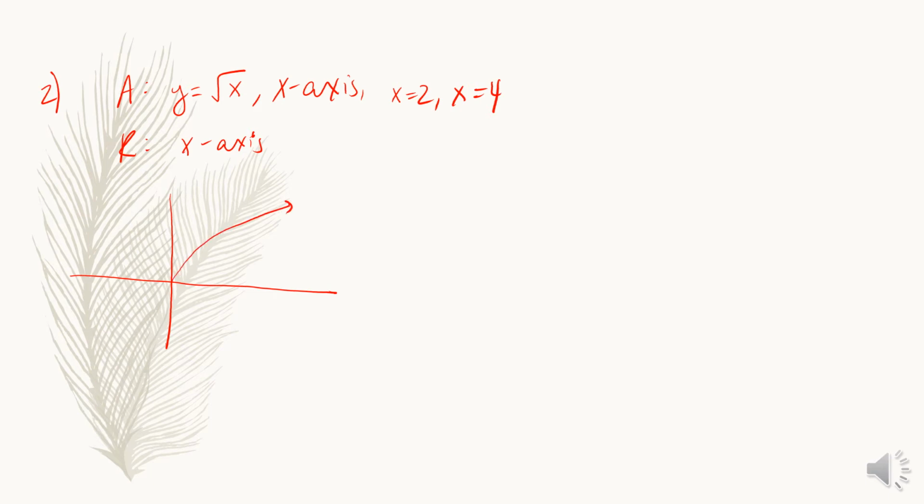The x-axis we already have, x equals 2 and x equals 4. So there is our area. We are going to rotate this about the x-axis, so right here. So imagine reflecting it and then connecting all the edges.